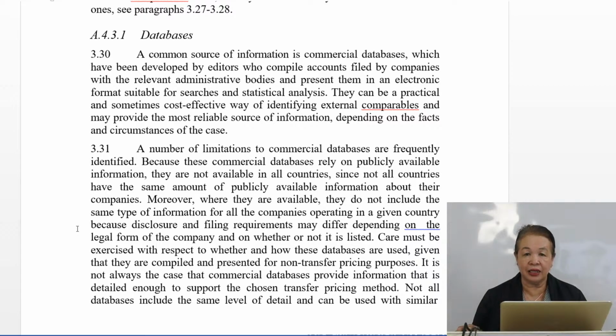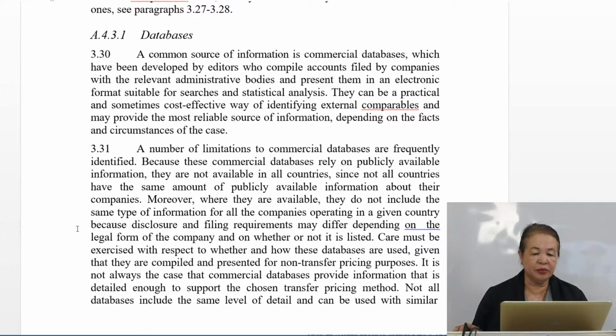And their data can stand scrutiny in court, no? Kasi talagang pwede nilang panindigan na tama talaga yung data nila. They can be a practical and sometimes cost-effective way of identifying external comparables kasi mahal, no? And may provide the most reliable source of information depending on the facts and circumstances of the case.